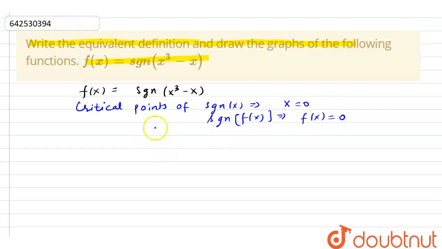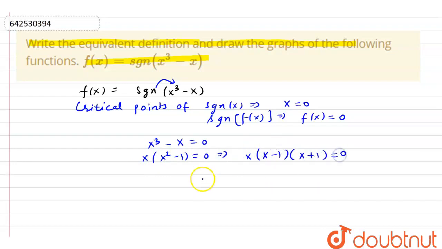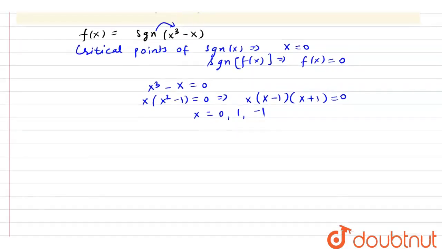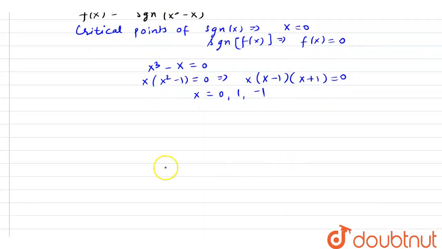Right, here in place of fx we have what? x cube minus x equals to 0. Now if I take x common, I have x square minus 1 equals to 0, and finally I have x into x minus 1 into x plus 1 equals to 0. Now the value of x is what? 0, 1 and minus 1. So this is the value of x at which the signum function is always 0.